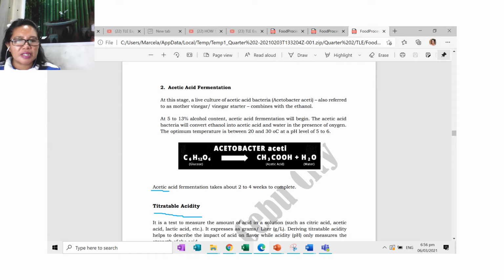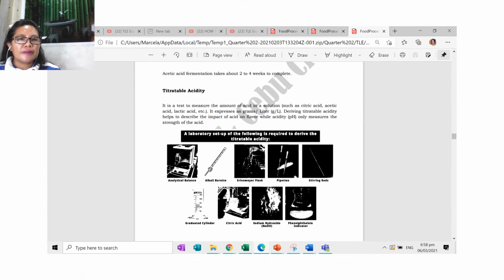Titratable acidity helps to describe the impact of the acid on flavor, while acidity or the pH only measures the strength of the acid.